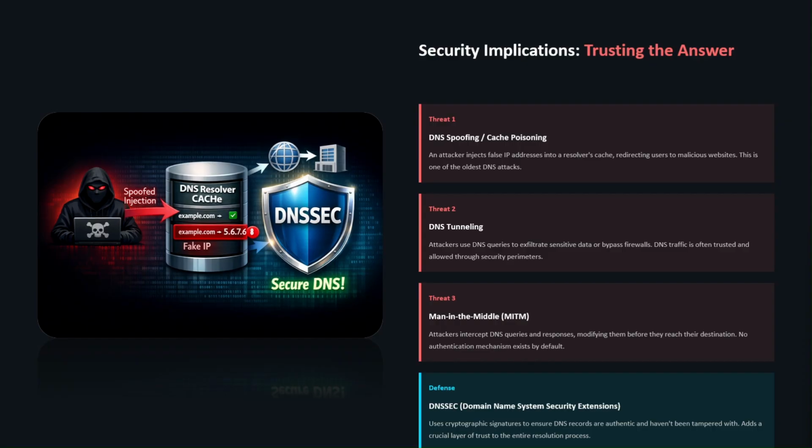The primary defense against these attacks is DNSSEC, or the Domain Name System Security Extensions. DNSSEC uses cryptographic signatures to ensure that the DNS records you receive are authentic and haven't been tampered with, adding a crucial layer of trust to the entire resolution process.